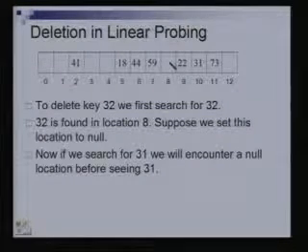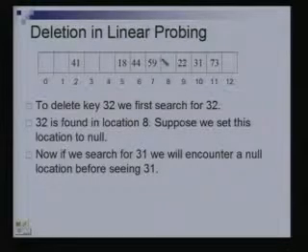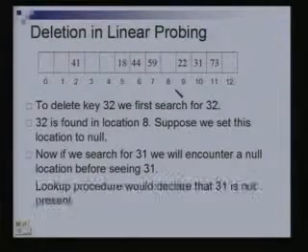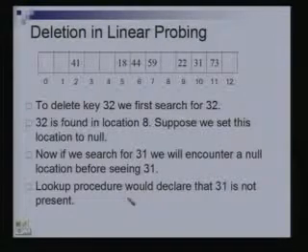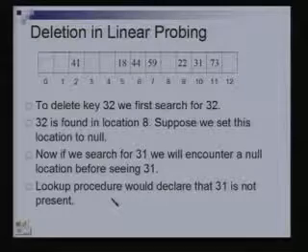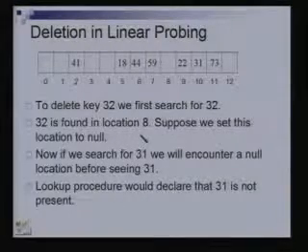So somehow we have to do something different here. We can't just set this location to null. We can't just mark this location empty. So lookup will declare that 31 is not present, which is wrong. Everyone with me?